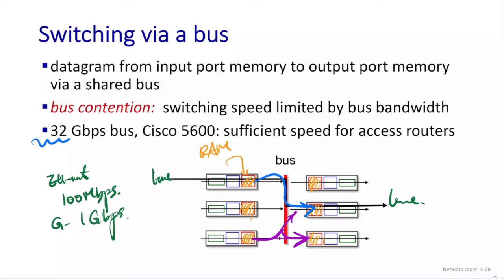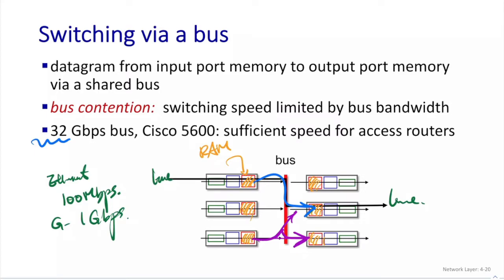Currently, for example, on the Cisco 5600, the system bus is 32 gigabit per second, so it is sufficient speed for access routers. Because for example, if we have 1 gigabit per second line speed and a 32 gigabit per second bus, we can have a router which has 32 input and output ports, right?